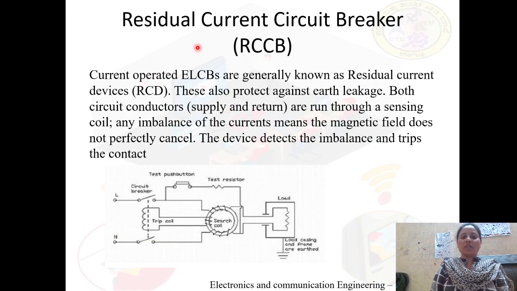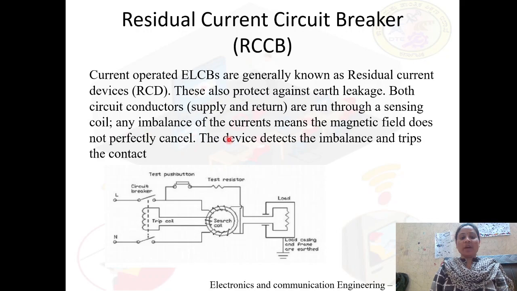The last one is the RCCB, that is the residual current circuit breaker. The current operated ELCBs are generally known as residual current devices. These also protect against earth leakage. Both the circuit conductors, that is supply and return, are run through a sensing coil.